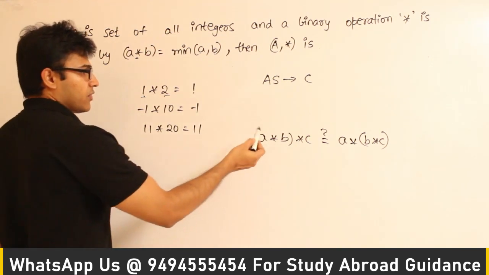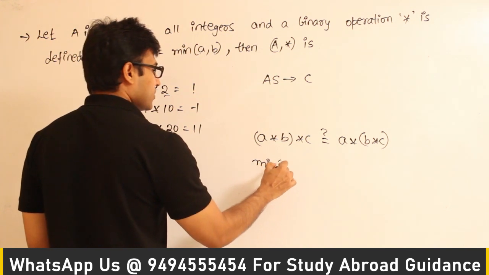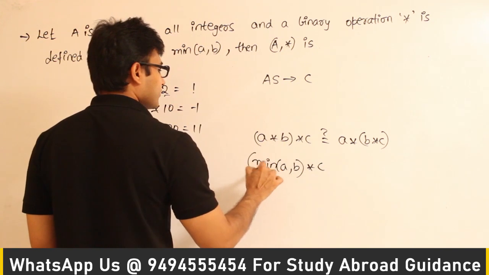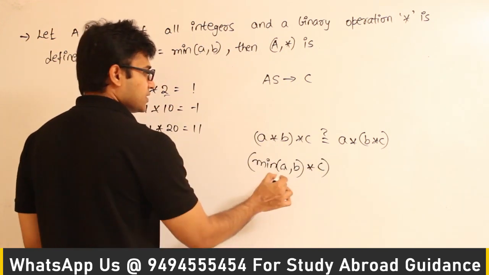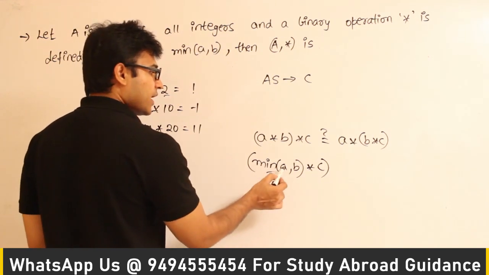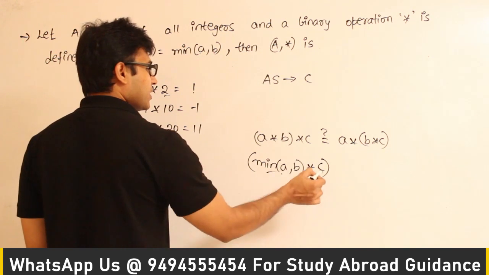If you try to find it out, see this, A star B is nothing but the minimum of A comma B, star C, isn't it? Now this is an element and that is an element, right? So what will this element be, either A or B? We don't know, but only one. Now we have one element here and another element here.